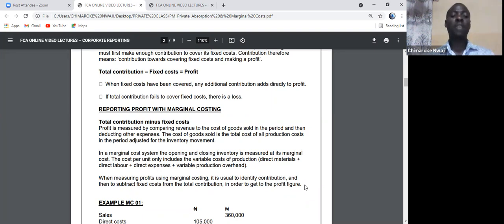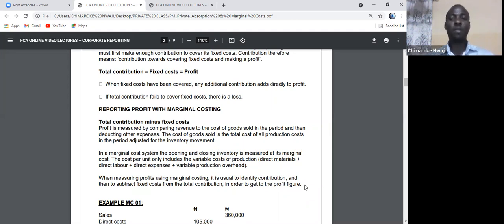Now, in marginal costing system, the opening and closing inventory is usually measured at marginal costs. Now, what does it mean to measure opening and closing inventory at marginal costs? It means the fixed cost elements of production will never affect the opening and the closing stock. When we see an example, you will see what I really mean, that we will be comparing absorption costing with marginal costing.